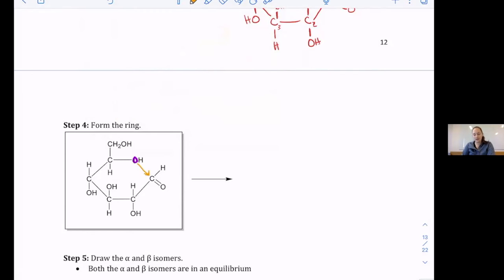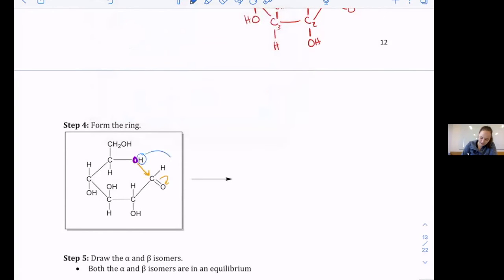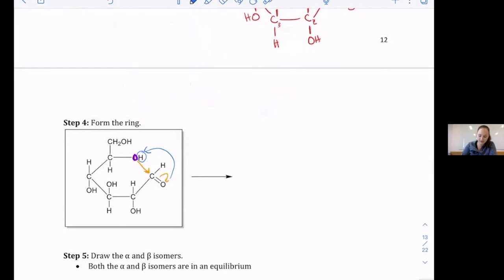It'll form a hydroxide. Those electrons are going on to the oxygen. And then this hydrogen here is actually going to jump ship and go on to the oxygen. So in reality, we're going to draw that the opposite way. The oxygen is going to steal the hydrogen off of the purple oxygen.